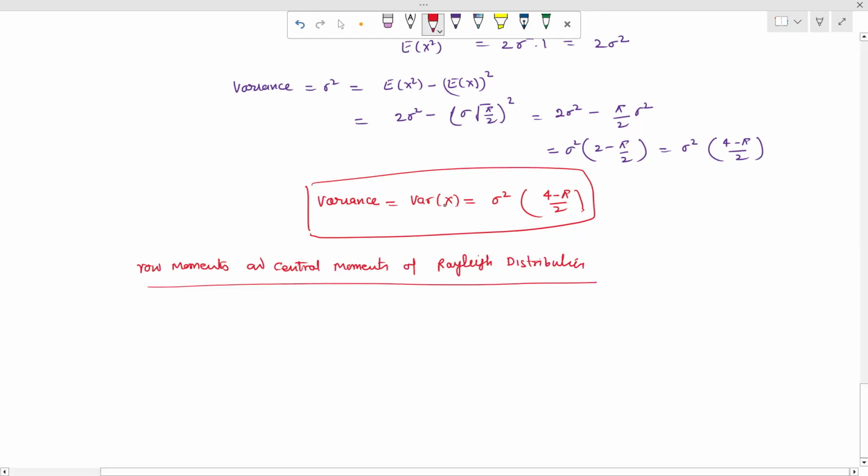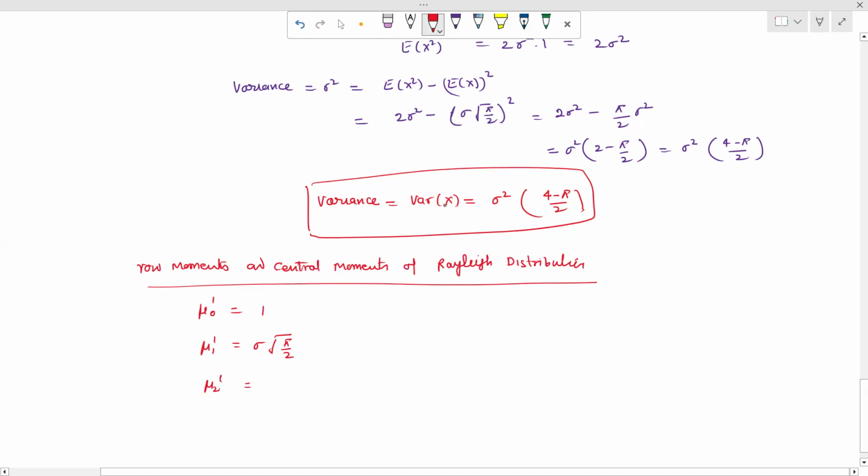So we write down directly the raw moments. mu 0 dash is equal to 1, and mu 1 dash is equal to sigma root pi by 2, which is called the mean also.